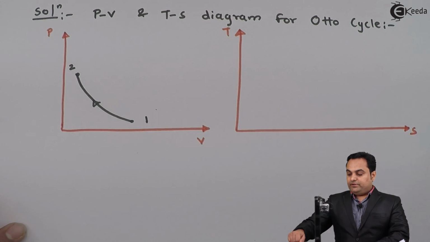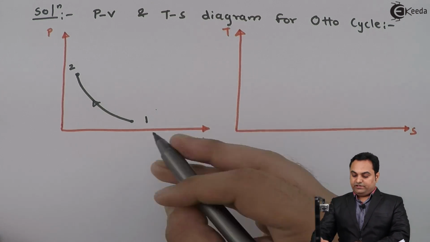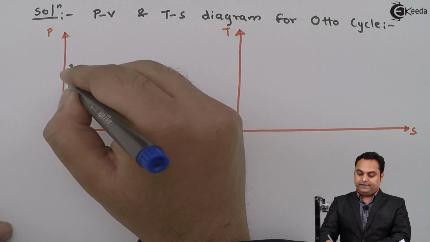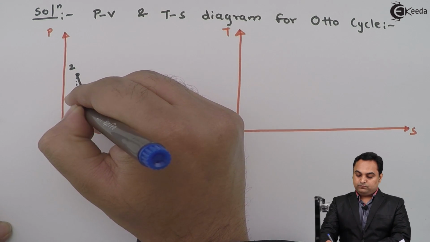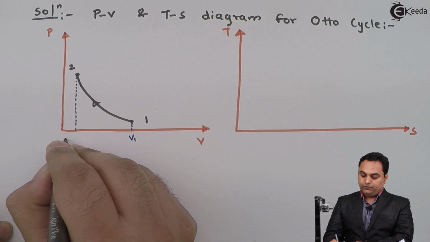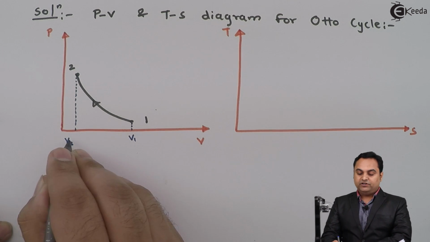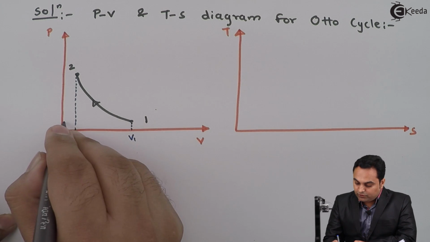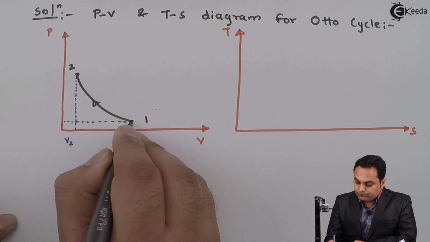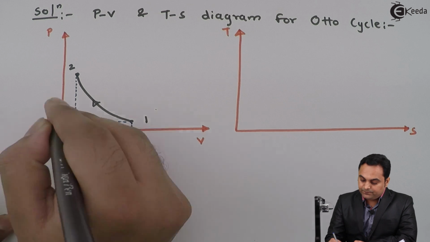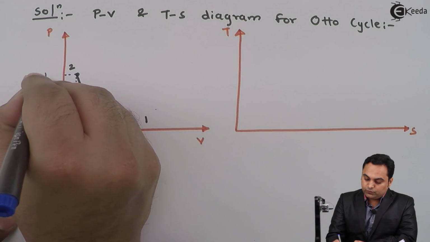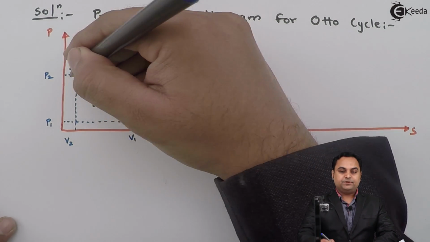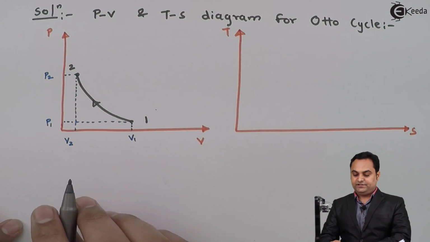Now as it is clear from the diagram, at point 1 the volume is V1, at point 2 the volume is V2. So from V1 to V2 the volume has decreased, but pressure increases from point 1, that is P1, up to P2. So during the adiabatic compression process, volume decreases, pressure increases.